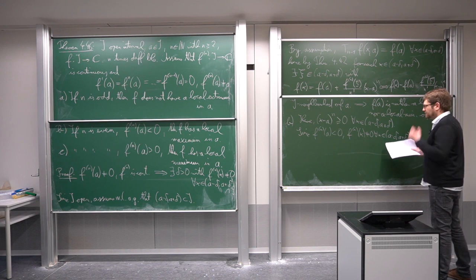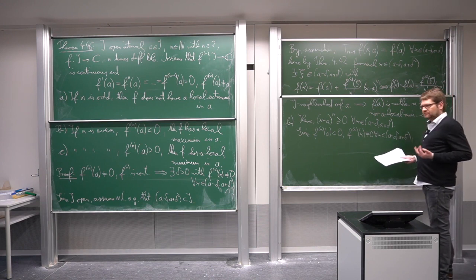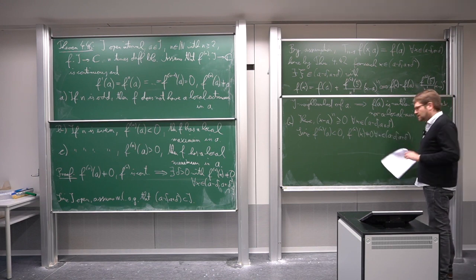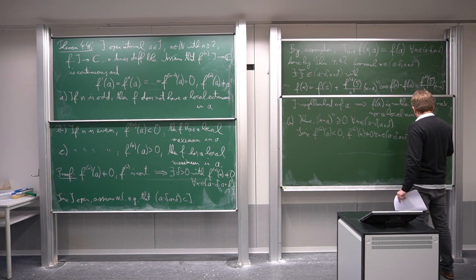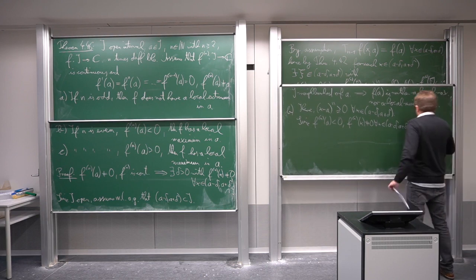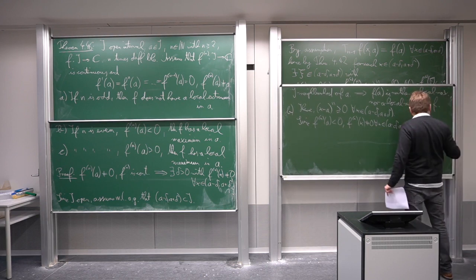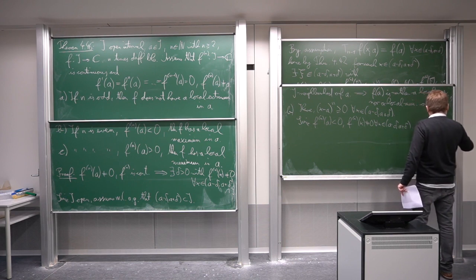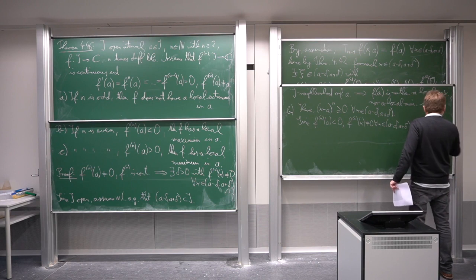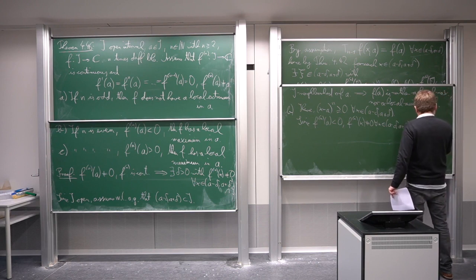Because if there were positive values, by the intermediate value theorem there would have to be a point where the function is 0. So this is again from the continuity of f n.